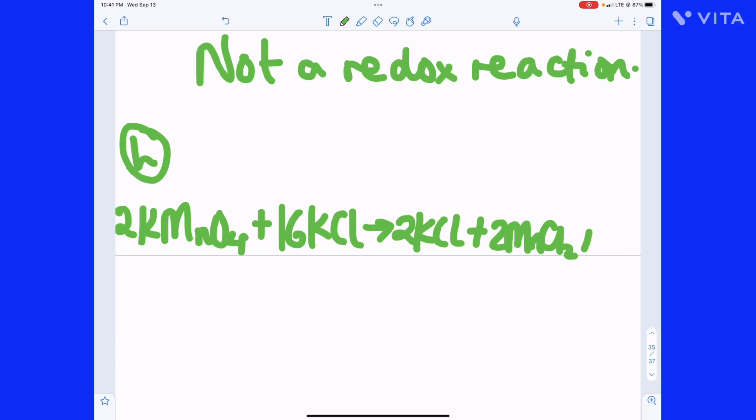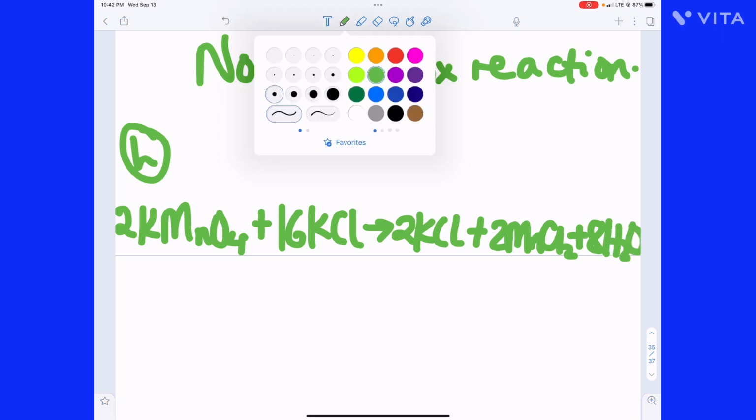I hope you get it the way I've written it. There's not enough space here.